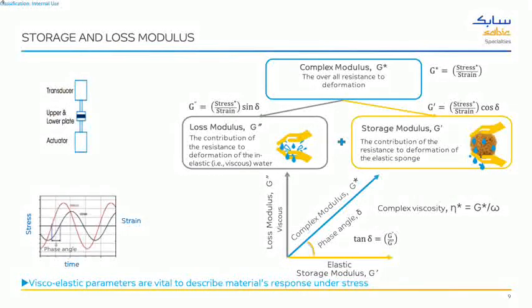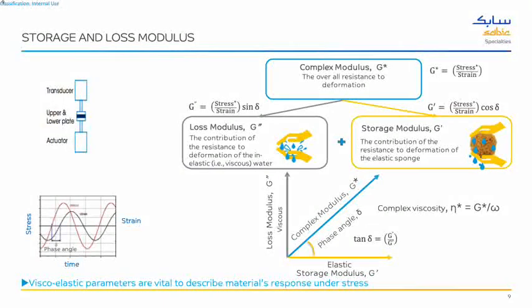Think about a sponge soaked in water. If you squeeze the sponge, the sponge wants to recoil back to its original equilibrium shape, and also water is spilling out. The resistance given by the water is called the viscous component.